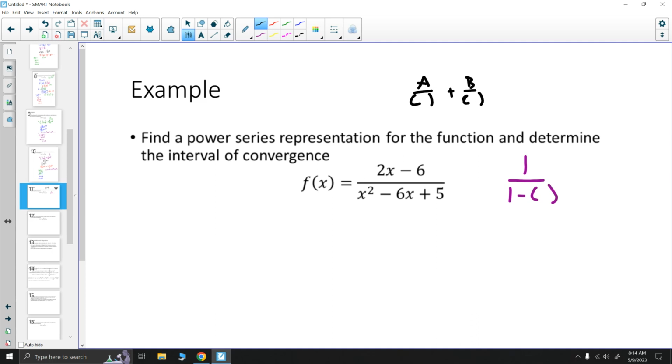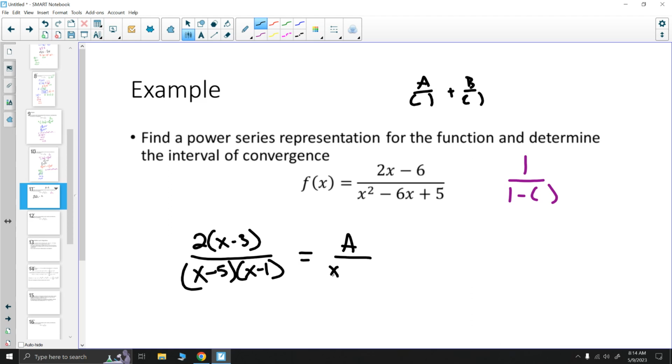So let's go ahead and factor this. Also, if something cancels out, then cool, but it doesn't here. We could factor a 2 out of the numerator, that would be x minus 3. On the bottom, this factors as x minus 5 times x minus 1. Nothing cancels here. But this is going to be equal to a over x minus 5 plus b over x minus 1.